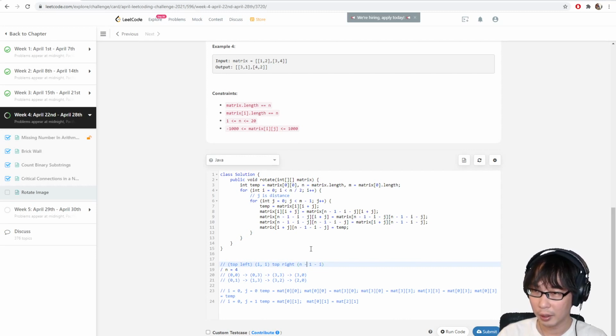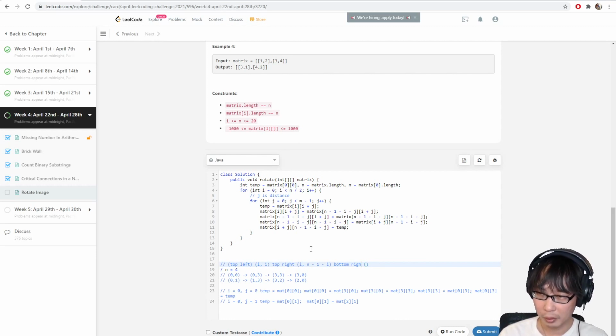I. And the bottom right is, or let's do bottom left first.